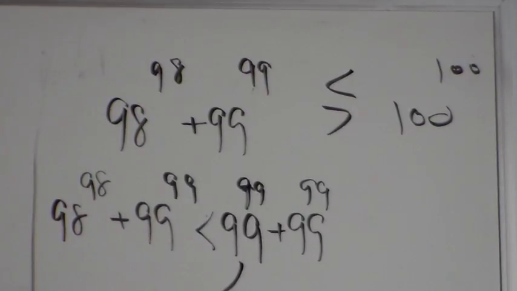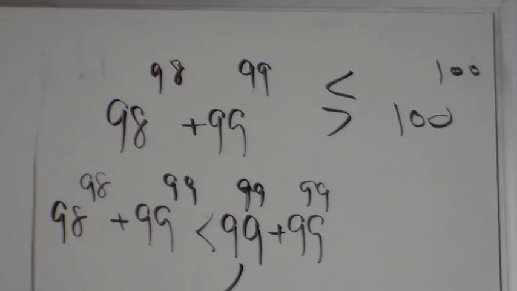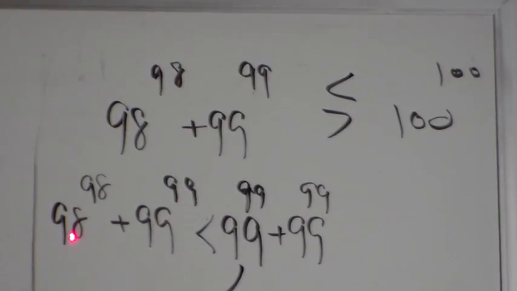In calculus, we have this kind of method to squeeze it, to find out what the close value is, not exact. So I'm going to rewrite this part. Then this should be less than 99 to the 99th power plus 99 to the 99th power, correct? Because this one is less than this.